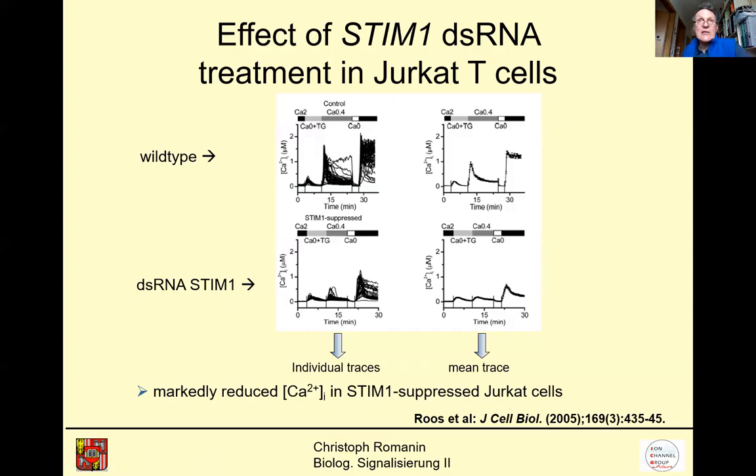So that is the first characterization you typically do. You can imagine when you have to do such experiments with 2 or 3,000 siRNAs, that can only be done automatically. And what you typically use here are plate readers.